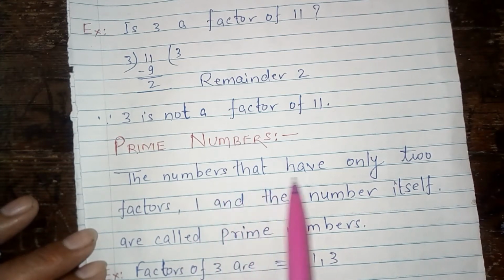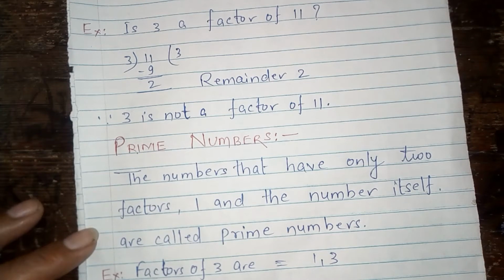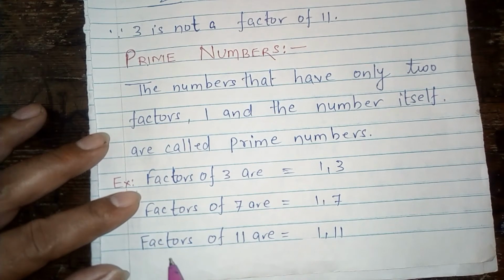Suppose you want to take out the factors of 3: factors of 3 are 1 and 3. Factors of 7 are 1 and 7. Factors of 11 are 1 and 11. 3, 7, 11, all these are prime numbers.